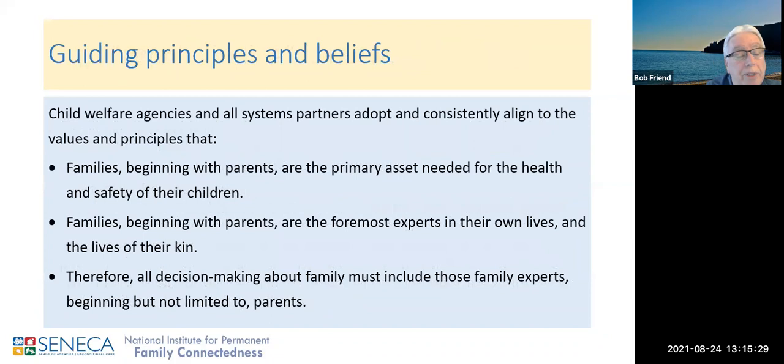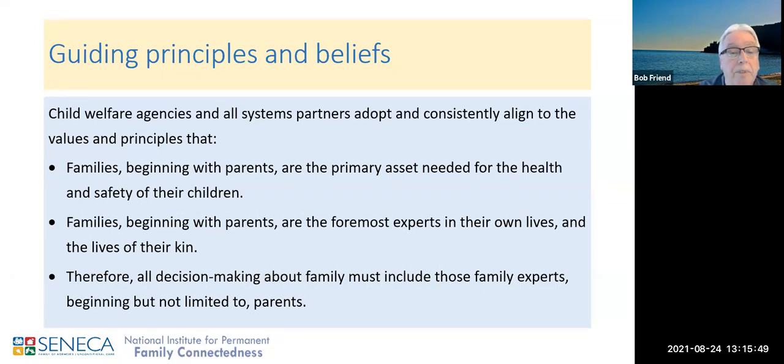So this begins with a series of guiding principles and beliefs that this practice is based on. And I don't believe our system operates with these same principles. And that's why there's such conflict between the types of interventions we're talking about and the system changes that are required.